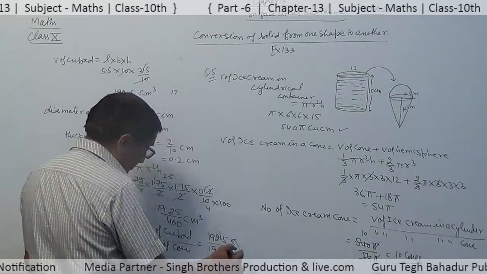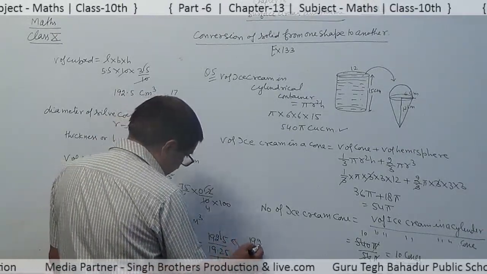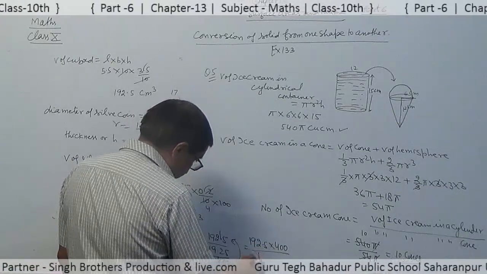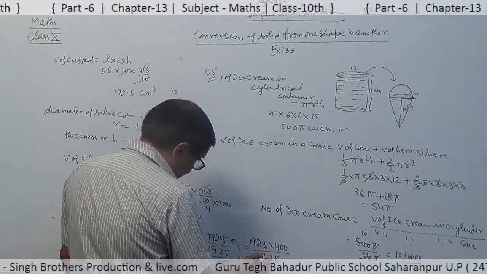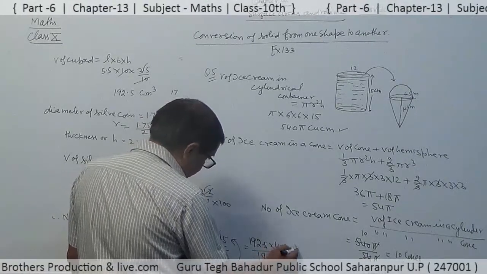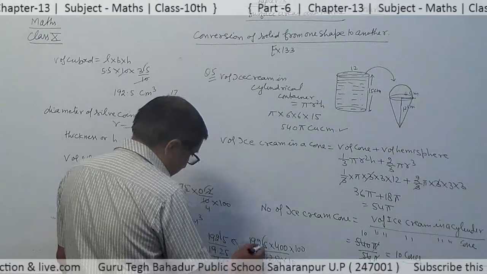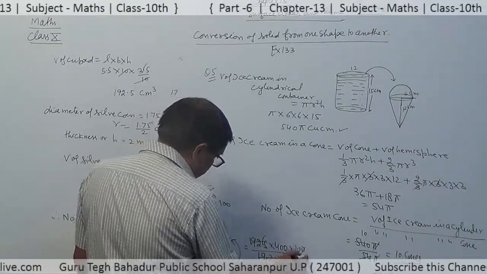This comes upward. Remove this decimal, put 100, remove this decimal, put 10, this cancels, that is equal to 4000.